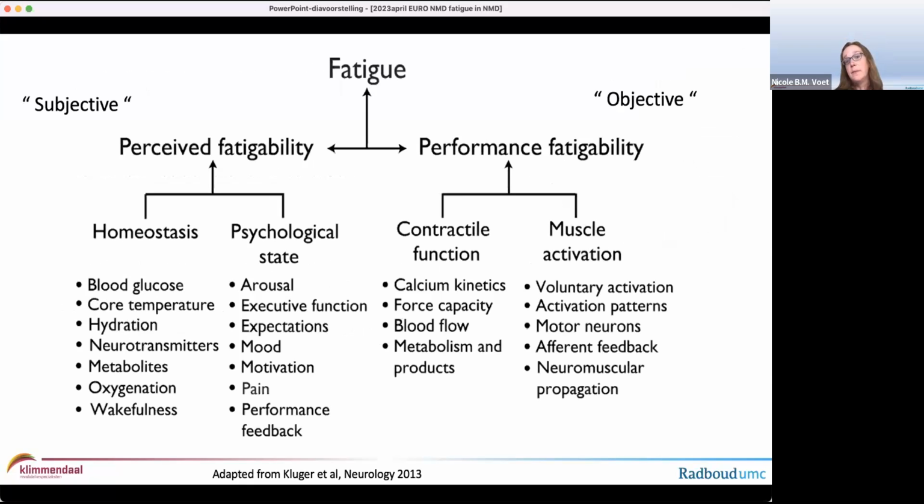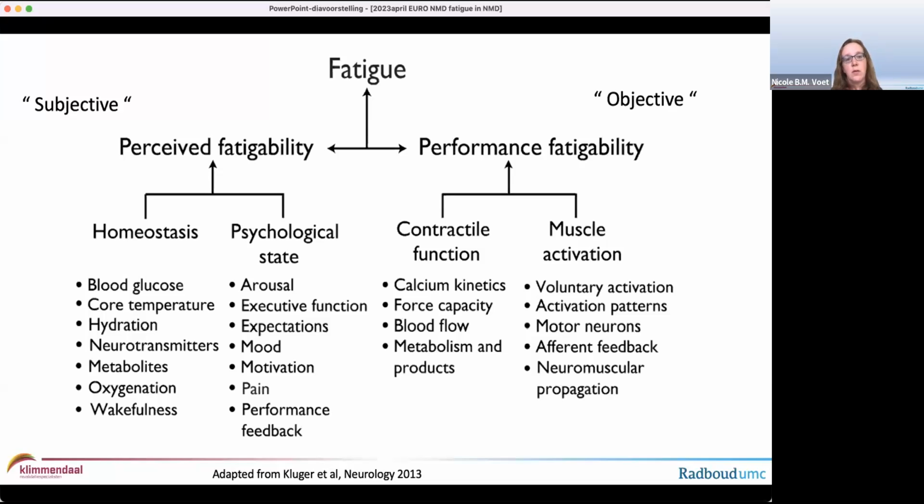Then another distinguishing of fatigue. Fatigue can be perceived, or fatigue can be performance fatigability. The first one is the more subjective form of fatigue, and the last one the objective form. Perceived fatigability has to do with homeostasis and with the psychological state.